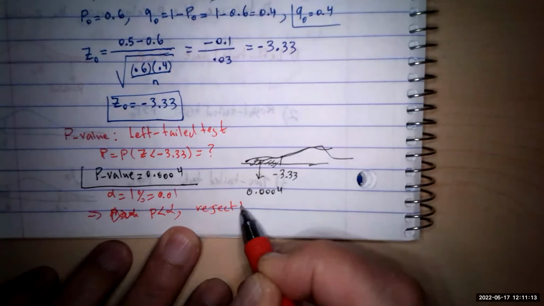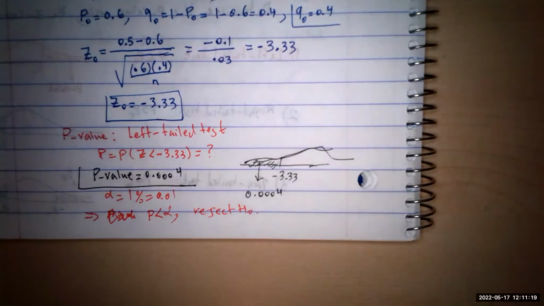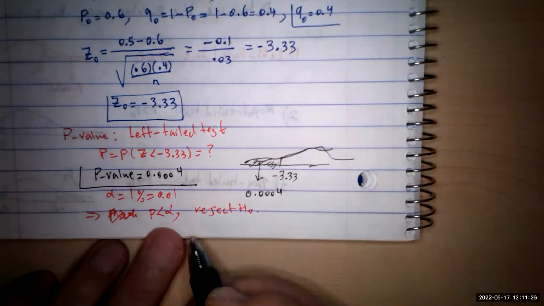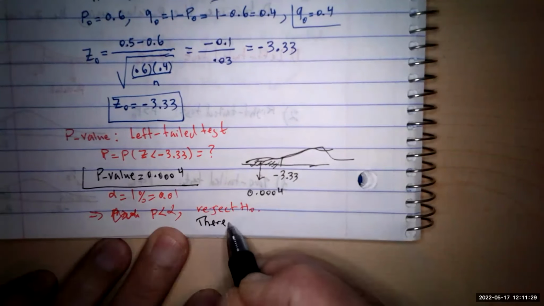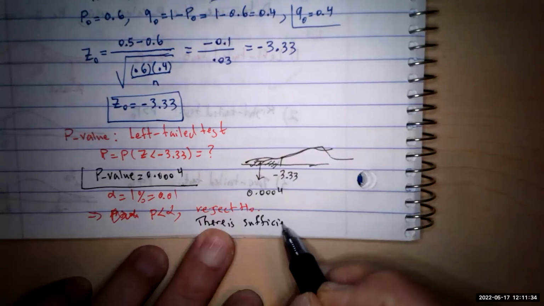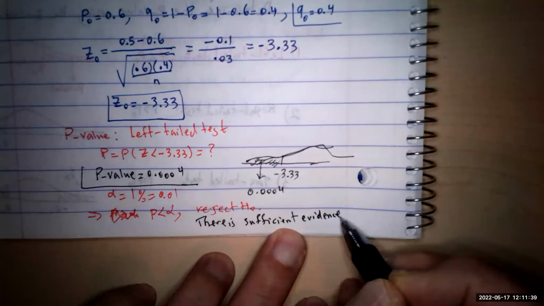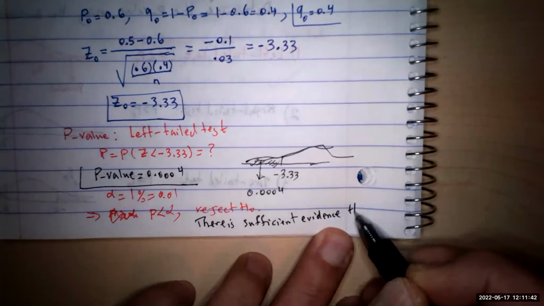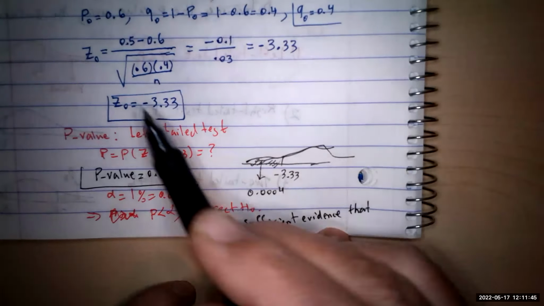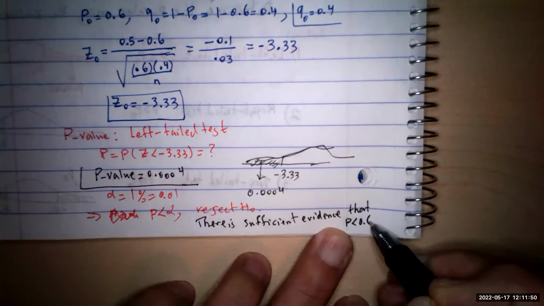Reject the H naught. You know that rejecting the H naught means you are in favor of the claim. So there is sufficient evidence to conclude that P is less than 0.6.